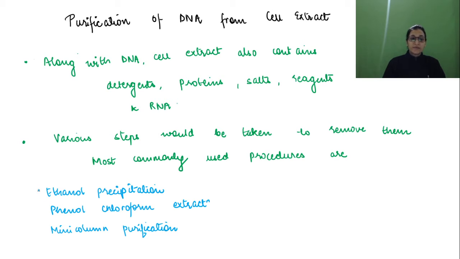Right, so we'll be elaborating these steps: ethanol precipitation, phenol chloroform extraction, and MiniColumn purification. So first is ethanol precipitation.